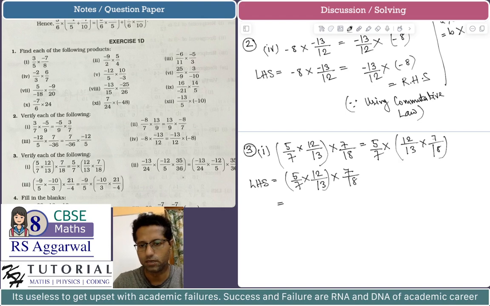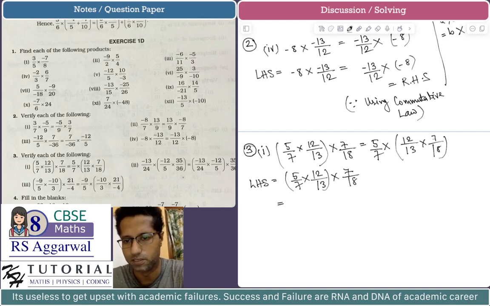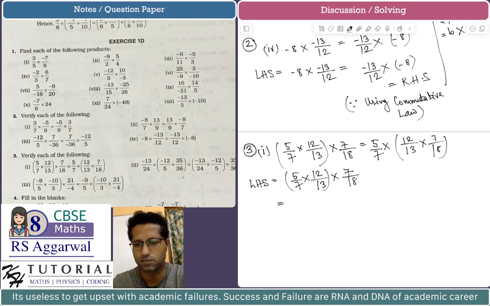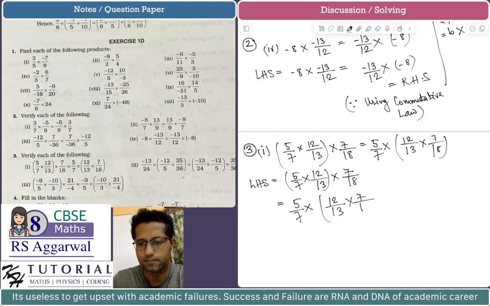Now using associative law of multiplication, we know that multiplication of rational numbers obeys the associative law. I can change the grouping. So I can say that this is equal to 5 by 7 and change the grouping from the first and second rational numbers to I will group the second and the third rational numbers. So 12 by 13 into 7 by 18.